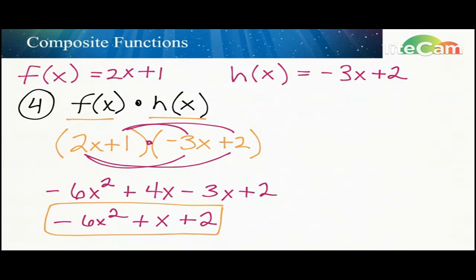The other way that we could have written this problem is it might have looked like this: f times h of x. It still means that we're going to take the expression from f and the expression from h and multiply them together. Okay? All right, let's try a couple more problems.